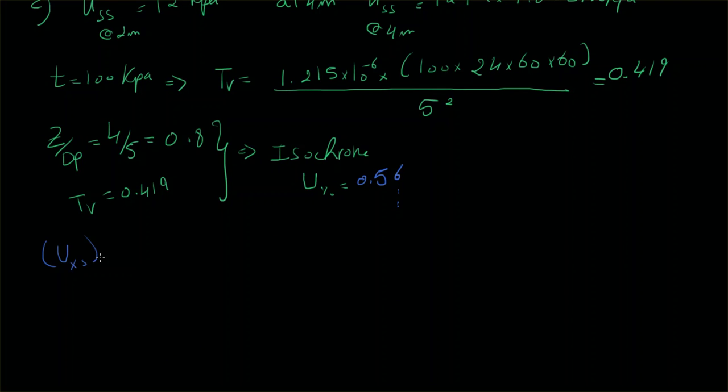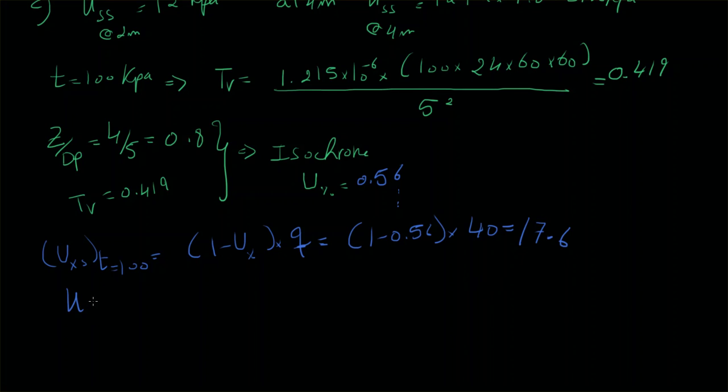Therefore, I could say that UXS at time equal to 100 days equals 1 minus U times the surcharge. So that's 1 minus 0.56 times the surcharge, which is, we said 40 kPa. That would be equal to 17.6.